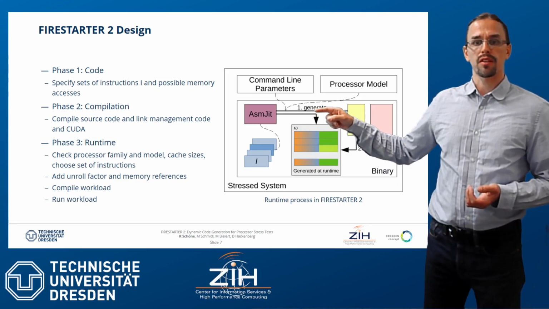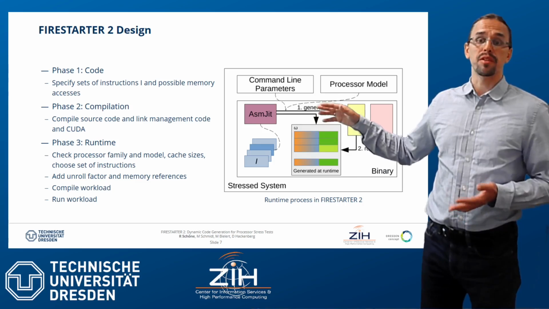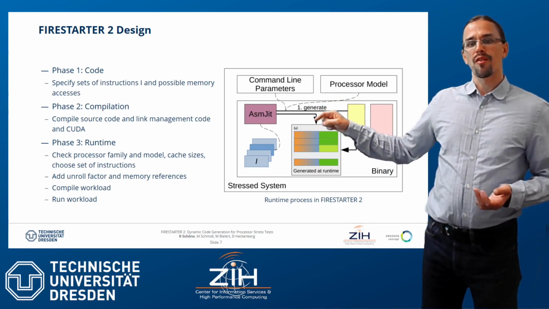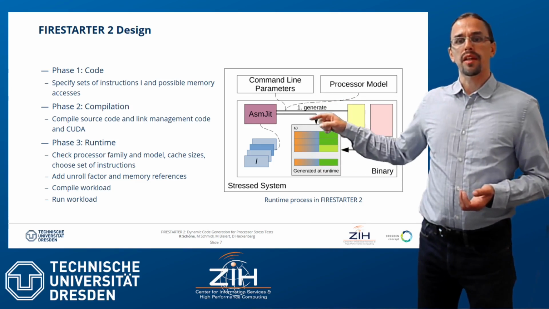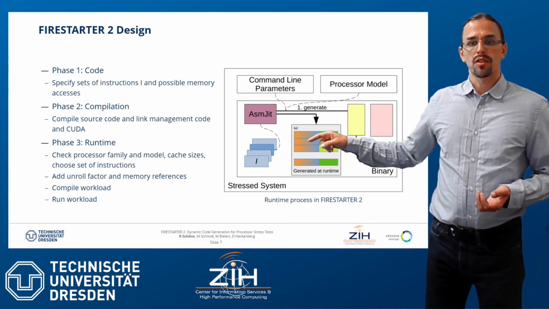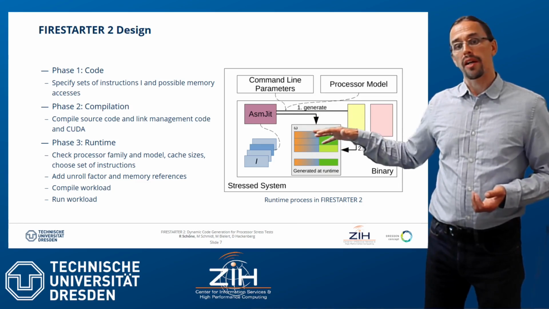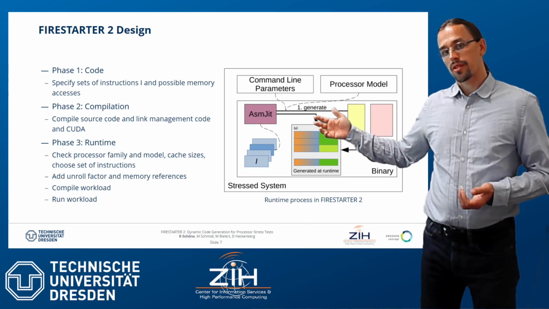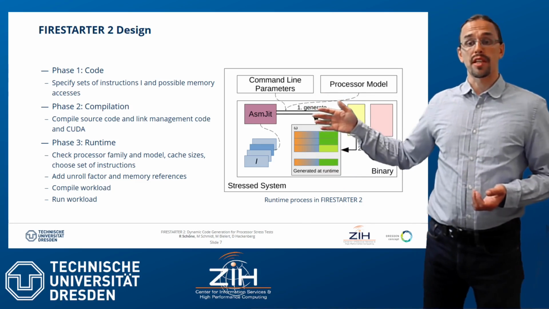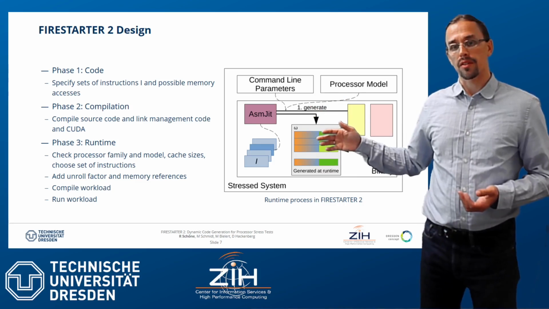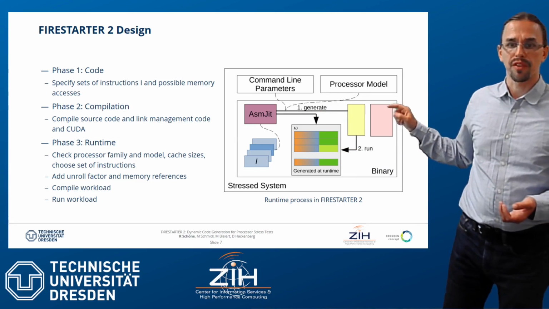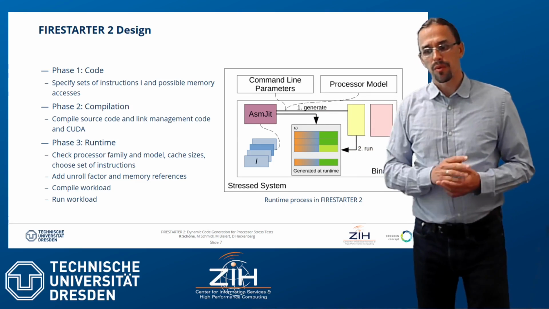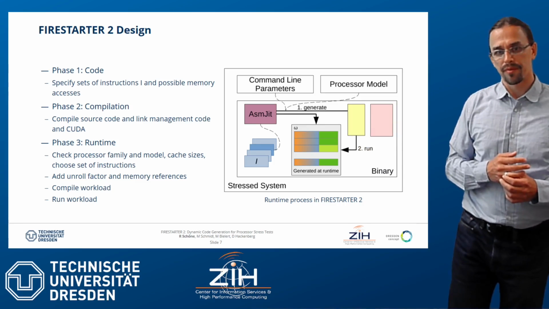Then we'll check the memory references that we think are best for that workload, and then we'll create such a workload which is then compiled at runtime to be executed afterwards. So all of that is during the initialization phase of FIRESTARTER. And yeah, also we have here the GPU code still there.